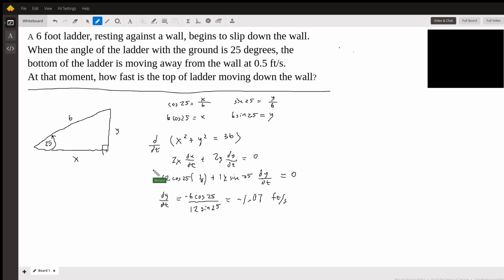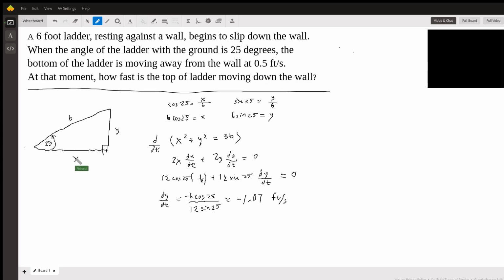So what's happening is the height of the wall that the ladder is covering is dropping at roughly 1 foot per second, whereas the distance of the bottom of the ladder, which would be, let's say, here after a drop, is getting bigger at the rate of 1/2 of a foot per second.